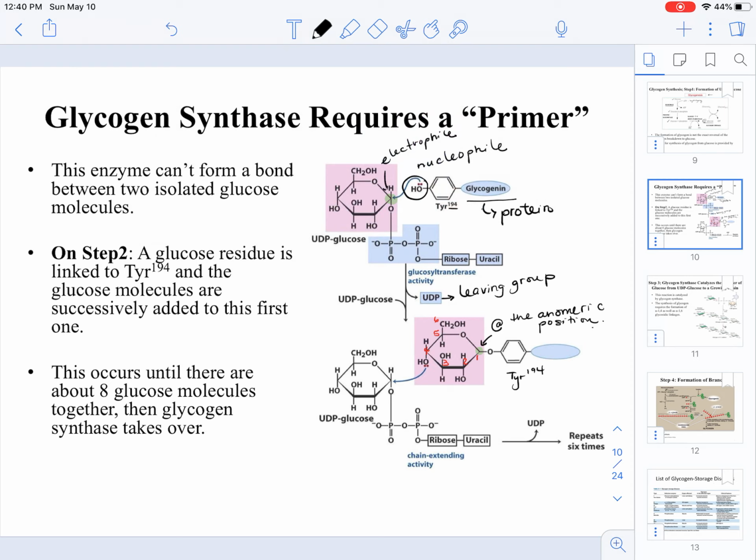Carbon 1 in the glucose that was incorporated into the glycogen can now react with a glucose or UDP glucose molecule, which can repeat itself and load glucose molecules onto this primer. Understand that this is going to be occurring until we have about 8 glucose molecules bonded together, then glycogen synthase is going to take over.